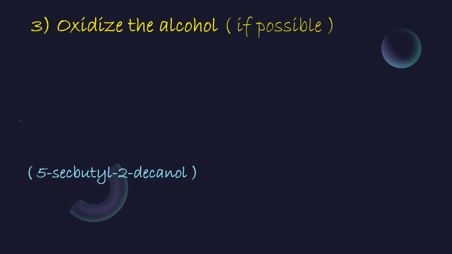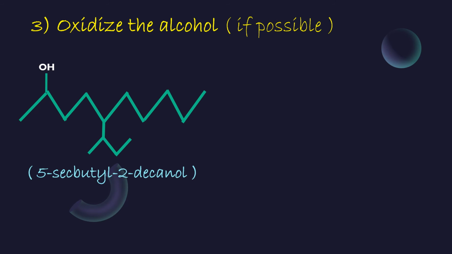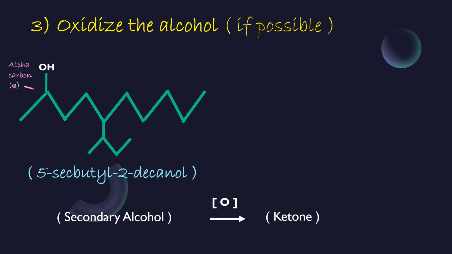One more time, we will use the drawing to oxidize this alcohol. As before, a secondary alcohol will oxidize to get a ketone. Yet again, let's find the alpha carbon and count the number of bonds attached to it. We have 1, 2, 3 bonds, so there is only room for 1 alpha hydrogen.